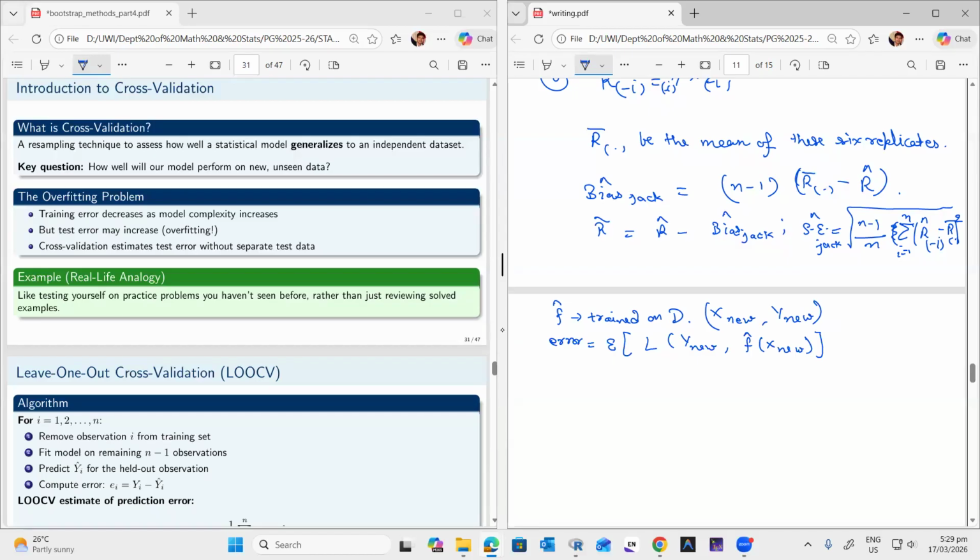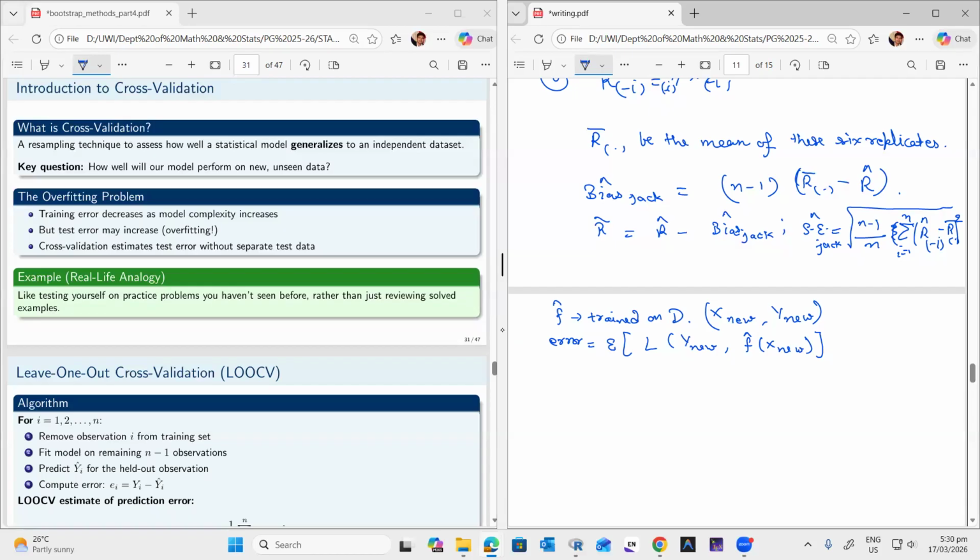All right. So now the thing is, how well will our model perform on new or unseen data? This is the question about the bias variance trade-off, the model selection and the model assessment. A model with low generalization error successfully balances underfitting, that is the high bias, and overfitting, known as the high variance.